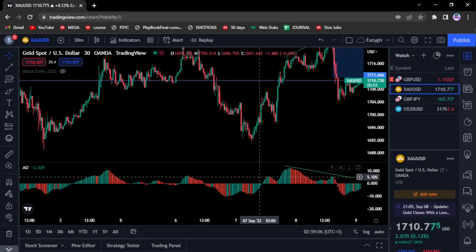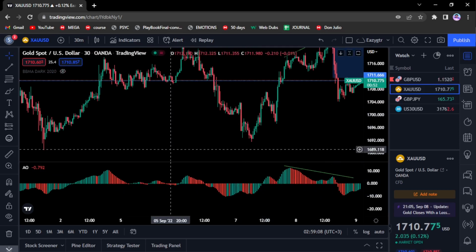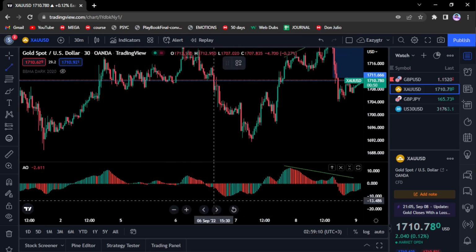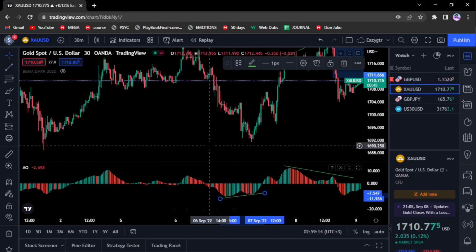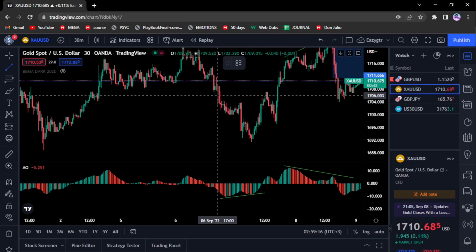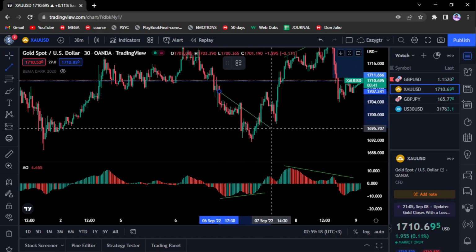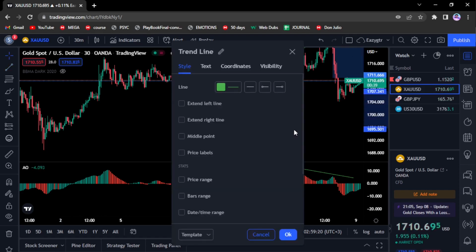Okay, so if you can spot it here, we have the Awesome Oscillator making higher highs and price making lower lows.